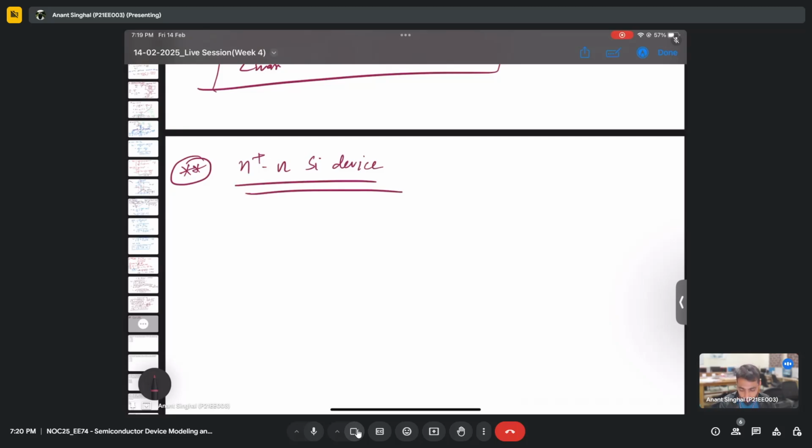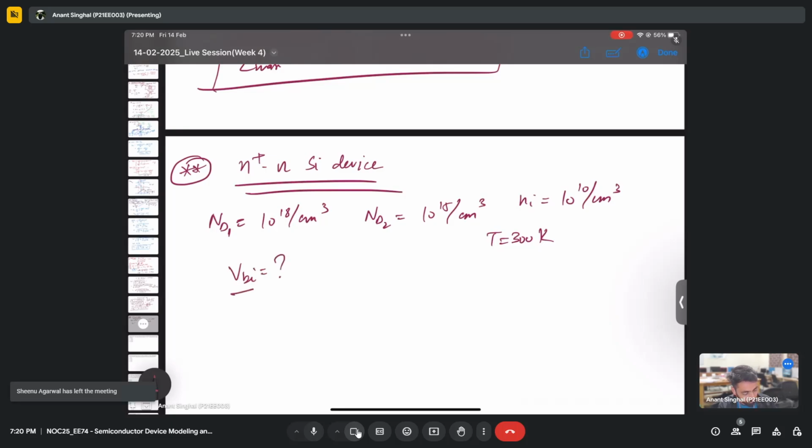I have ND1 because both are N. ND1 is, let's say, 10 to the 18 per centimeter cube. ND2 is 10 to the 15 per centimeter cube. Again, Ni let's say for simplicity, let's take 10 to the 10 per centimeter cube, and temperature let's take 300 Kelvin. So you need to calculate VBI here.